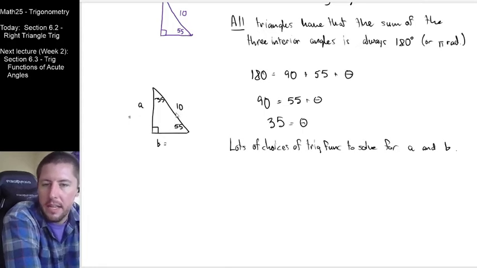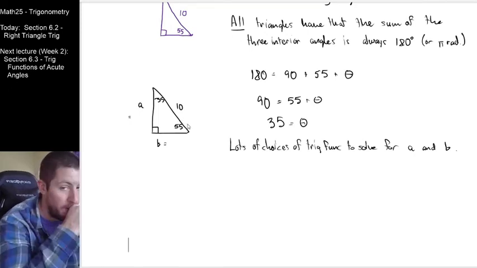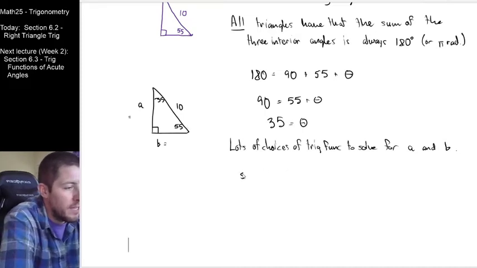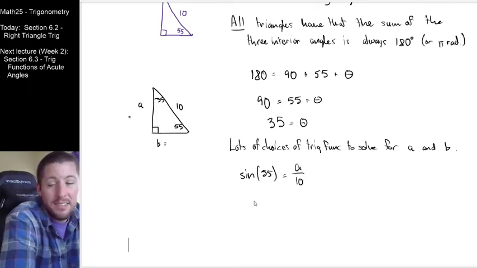Since the only other side length known is 10, relative to the angle 55, A is opposite, and 10 is the hypotenuse. Opposite and hypotenuse go with sine, right? So I could make the statement sine of 55 degrees is opposite A over the hypotenuse 10. To solve for A, just multiply 10 on both sides. That was easy.